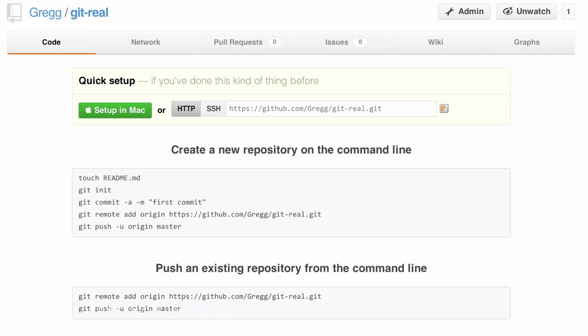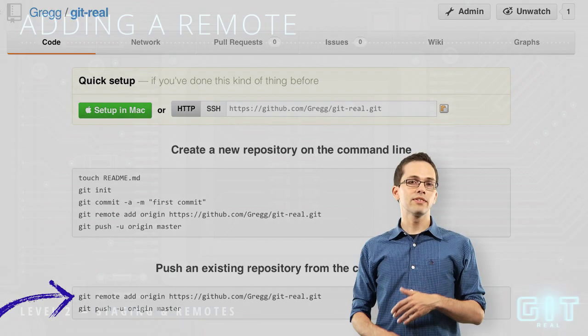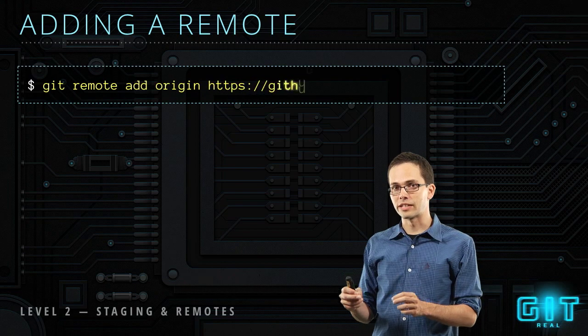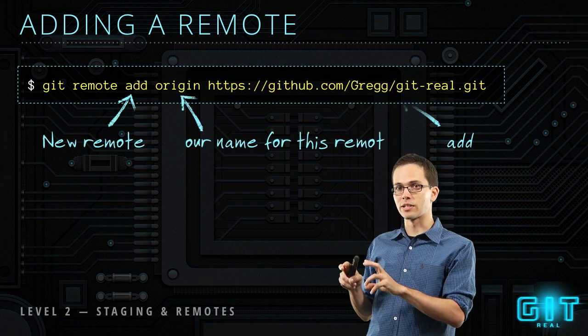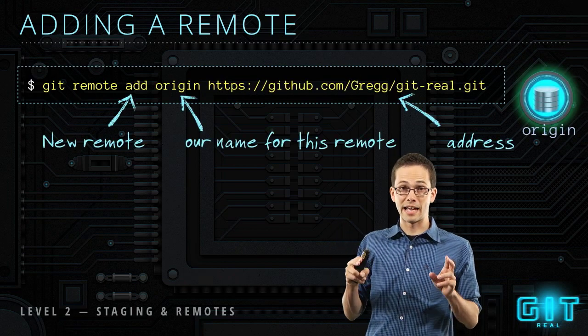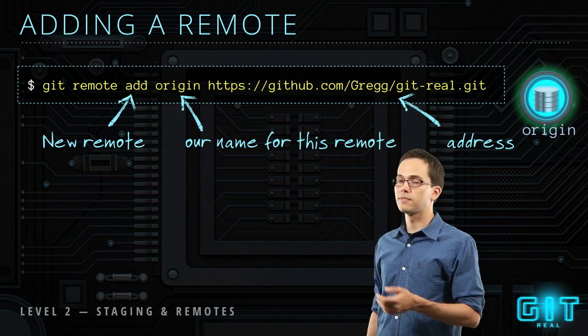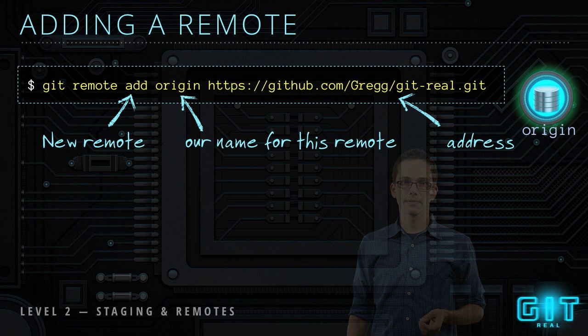To push to GitHub, we're first going to have to run git remote add origin. Origin is the name of the remote. We could give it any name, but usually we'd refer to our canonical repository, our official repository that most of our people are using for our project, as origin. So origin is what we're going to call it, and then we specify the URL that GitHub gave us.